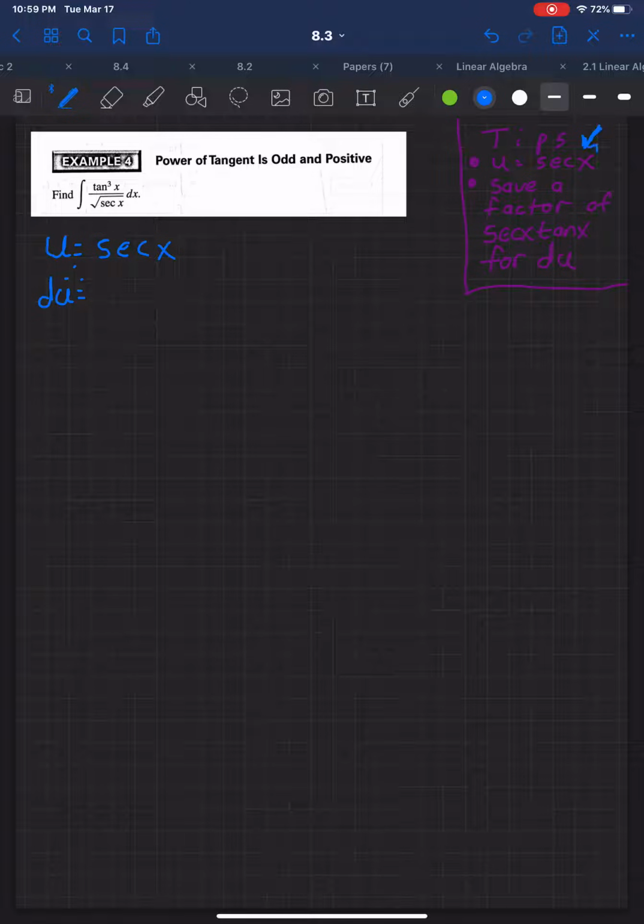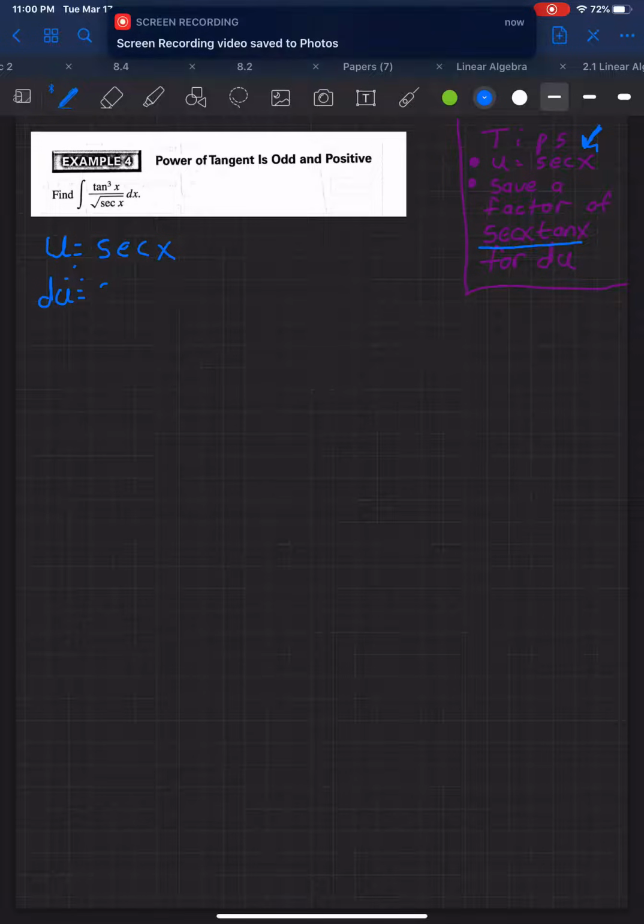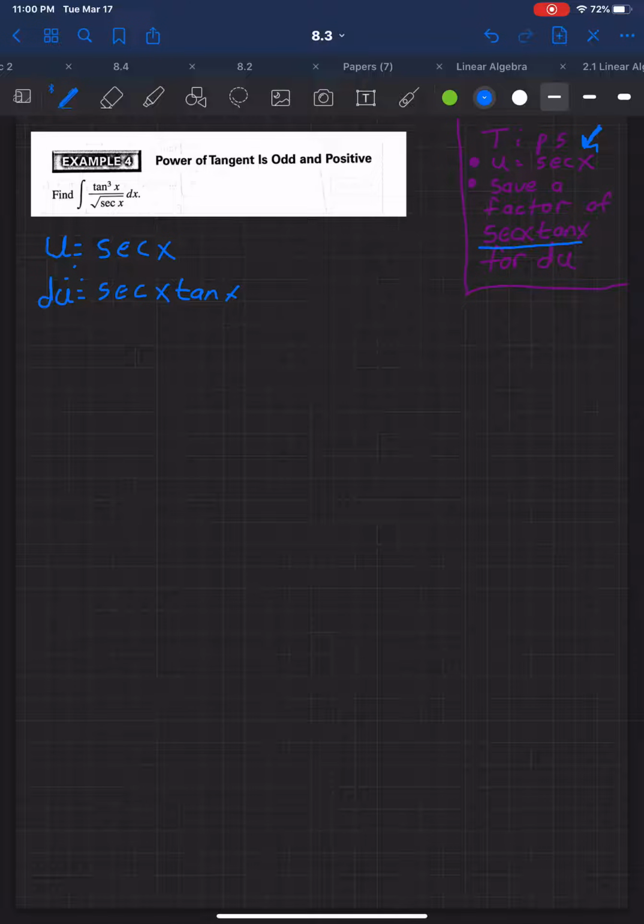So the tip for this is that we're going to end up letting u equal secant. But here's the important part. We're going to have to save a secant x tangent of x, just like before. And that makes perfect sense, because if you let u equal secant x, then du is going to be secant x tangent of x dx.